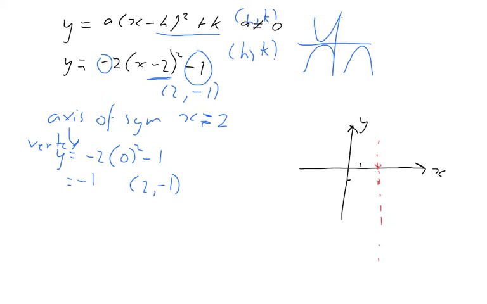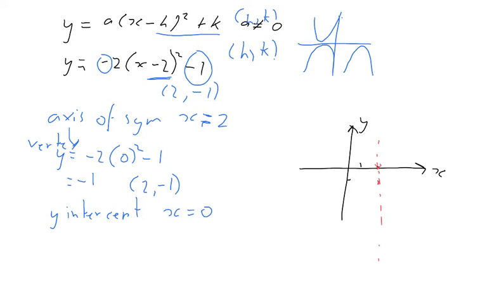So now we can just find the y-intercept. Now the y-intercept is when x equals 0. It's good to understand that and get to know that. X-intercept, y equals 0. Y-intercept, x equals 0.